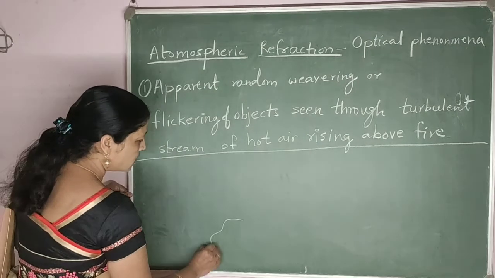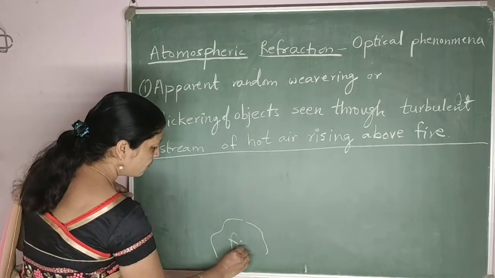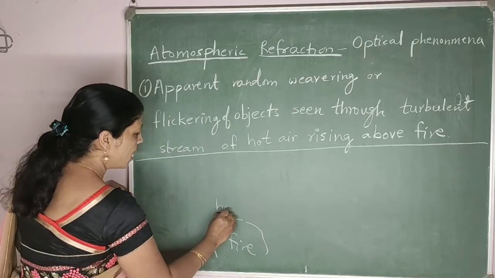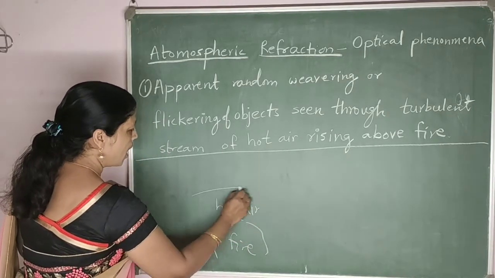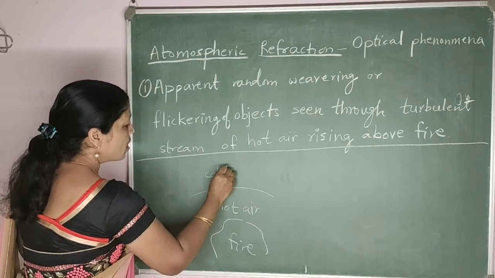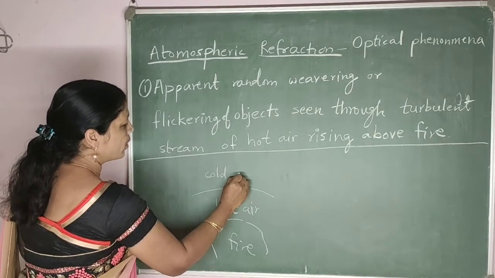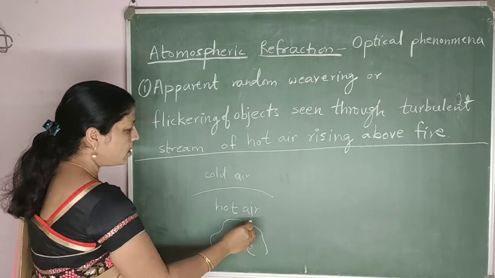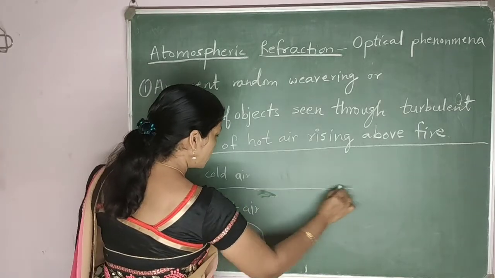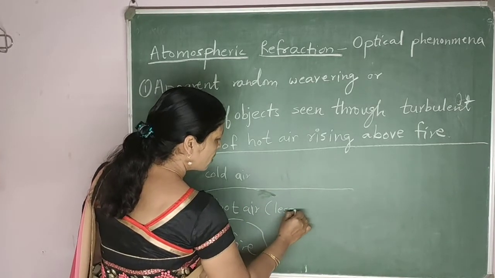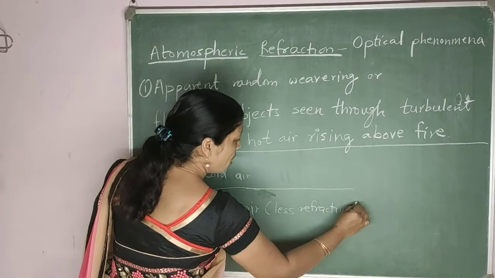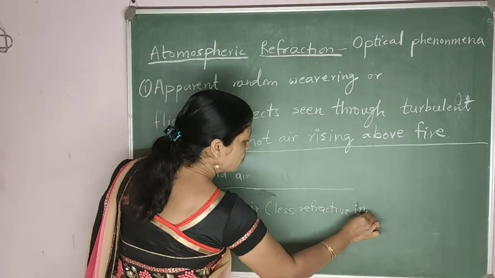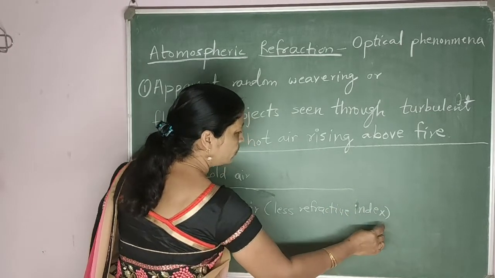Here, let us consider we have a fire, and above the fire, as you know, the air will be hot. Hot air will be there, and above that, at a far away distance, we have cold air. Hot air has less refractive index. Less refractive index means it is rarer.